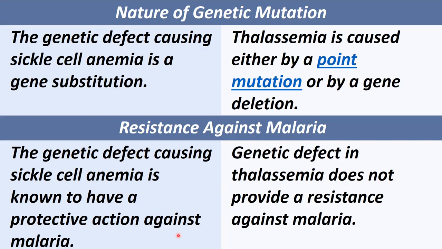Next thing, nature of genetic mutation. So the genetic defect causing sickle cell anemia is a gene substitution. So in sickle cell anemia, substitution is a type of gene mutation, while thalassemia is caused either by a point mutation or by a gene deletion. Then the next difference is resistance against malaria.